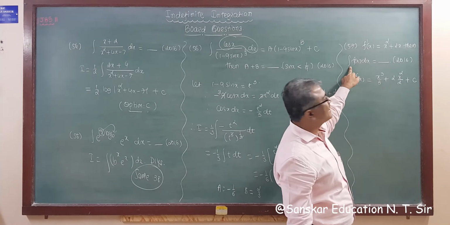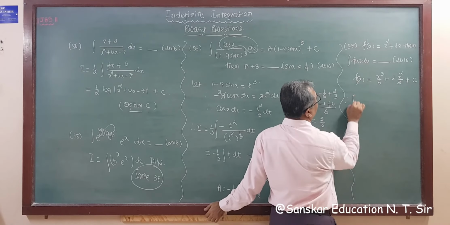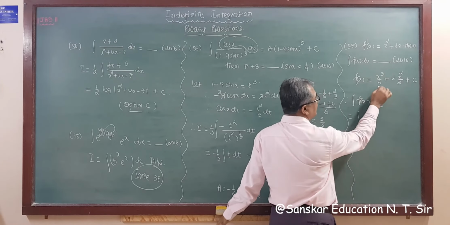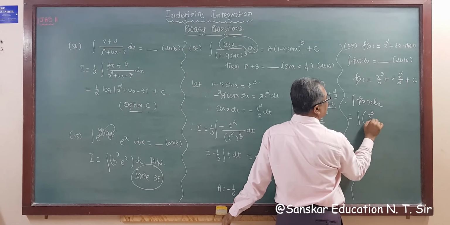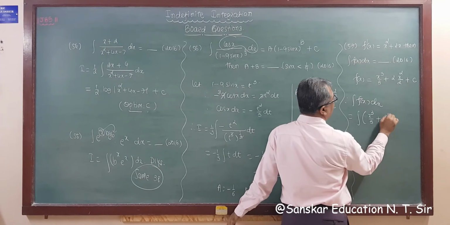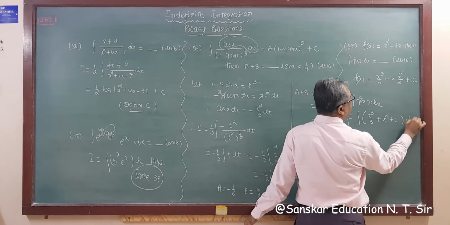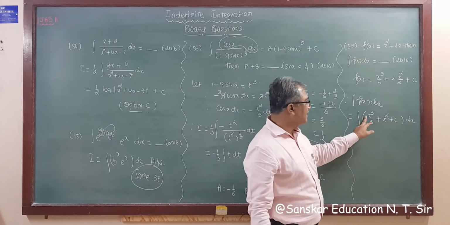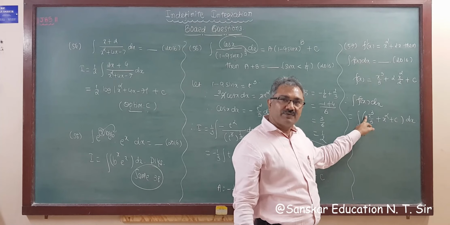So now integration of fx dx. So therefore integration fx dx is equal to integration of x cube by 3 plus x square plus c and dx. These two will be cut, right? So now integrating this, integration of x cube is x raised to 4 by 4.